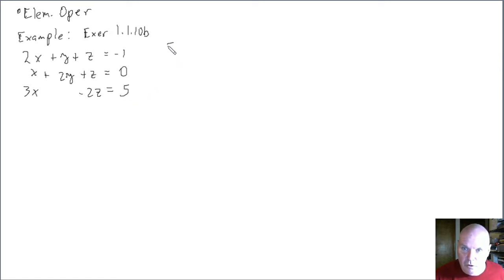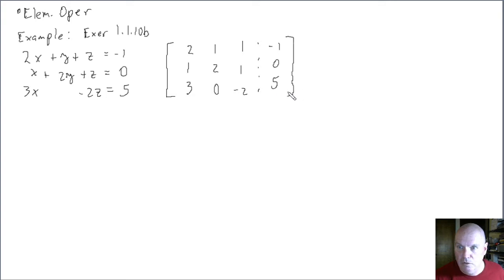Okay, so the corresponding augmented matrix is 2, 1, 1; 1, 2, 1; 3, 0, -2, and then -1, 0, 5 is the corresponding constant column.